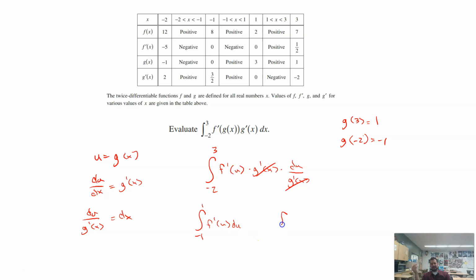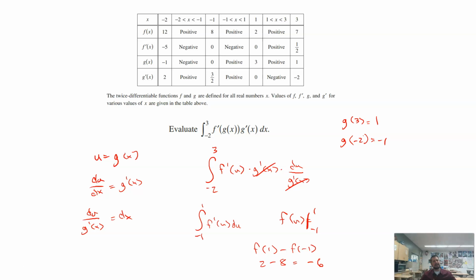Now all I have to do is take the antiderivative, so I get f of u, and I evaluate that from -1 to 1. So I plug in 1, f of 1 minus f of -1. F of 1, we can see, is 2, and f of -1 is 8. So 2 minus 8 is -6, and that is the correct answer for letter D.